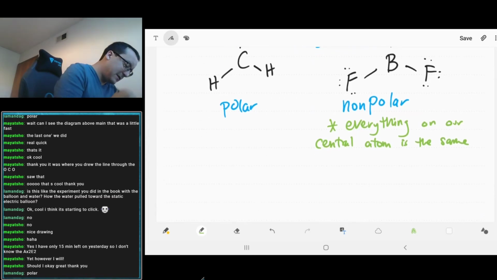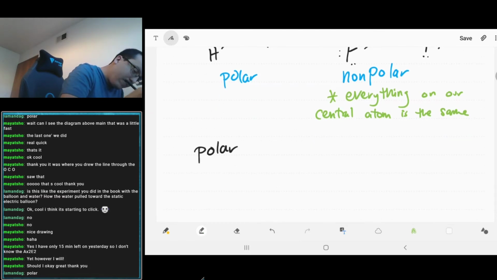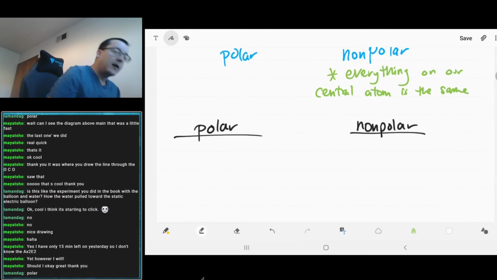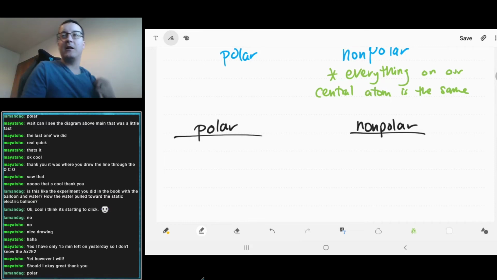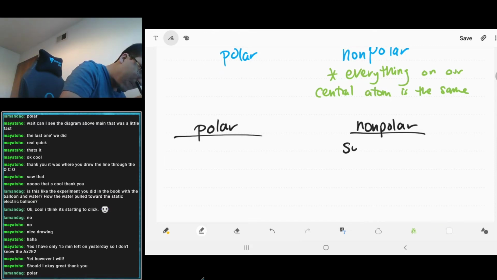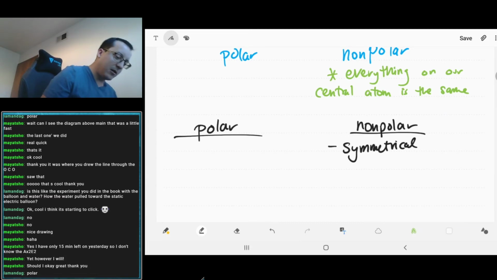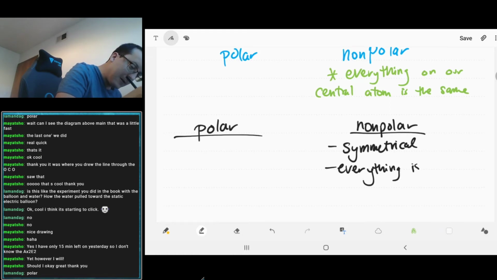So to summarize this, here are some easy ways to look at this. It's symmetrical. All electron domains are identical.